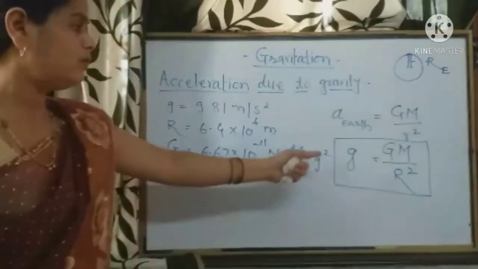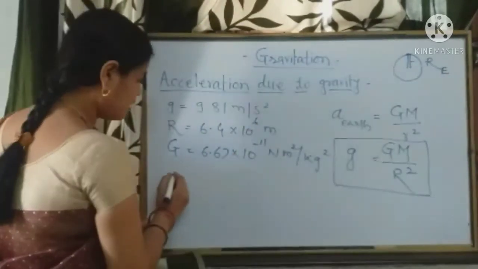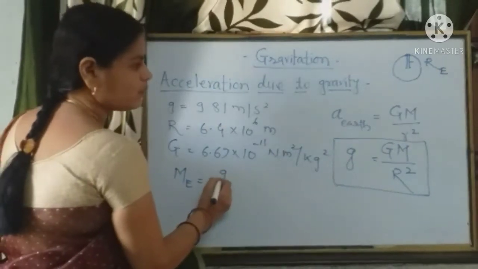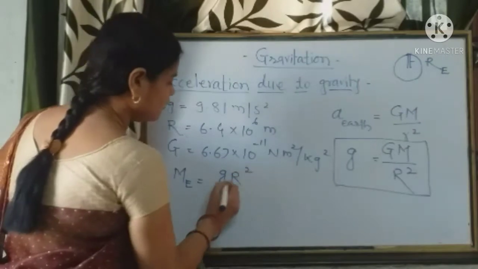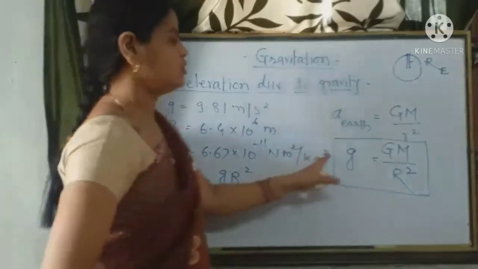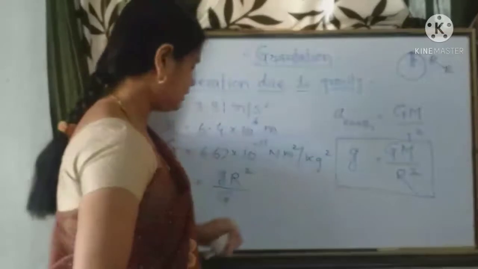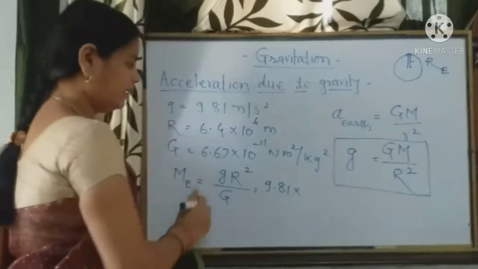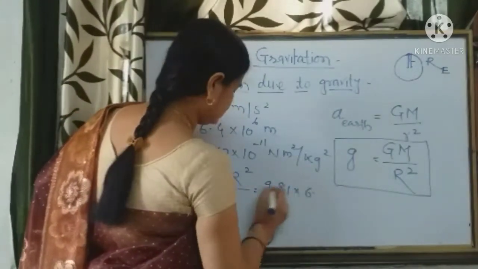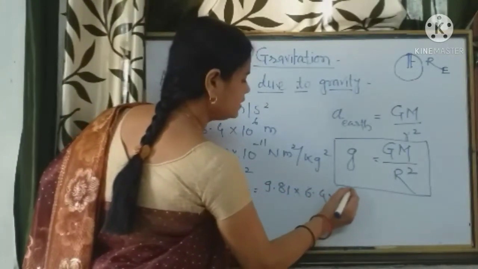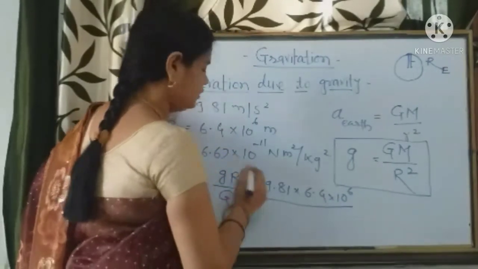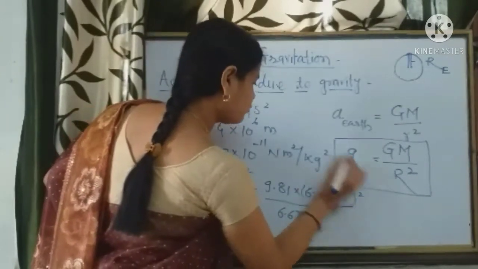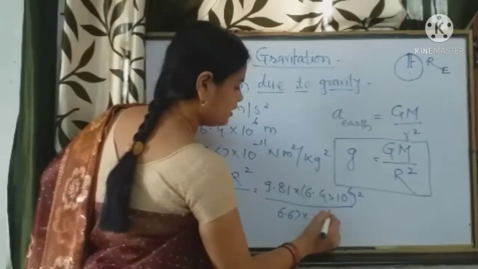If you substitute the values here, we can find out the mass of the earth. Mass of earth is equal to g r square divided by capital G. Putting in the values: 9.81 into the radius of earth, 6.4 into 10 to the power 6, squared, divided by 6.67 into 10 raised to minus 11.